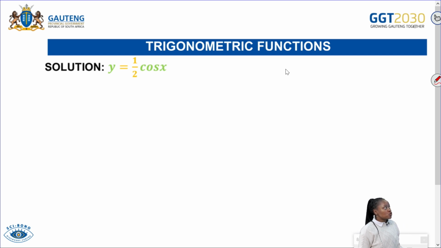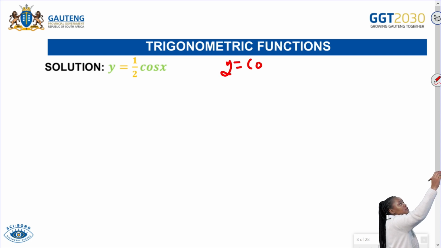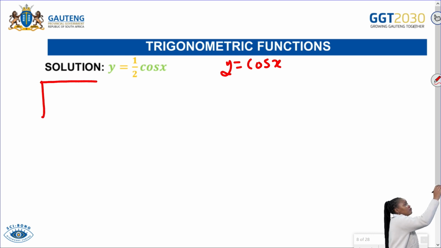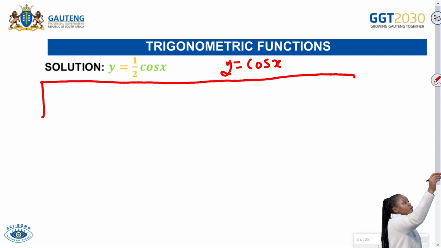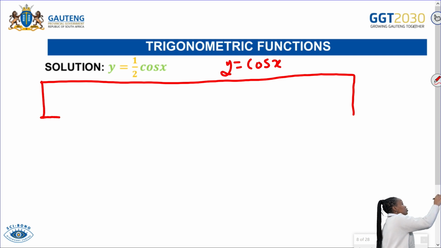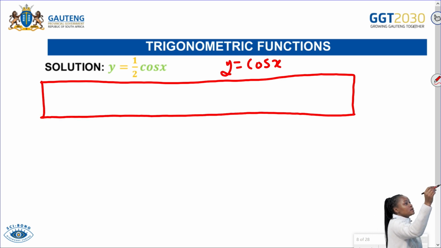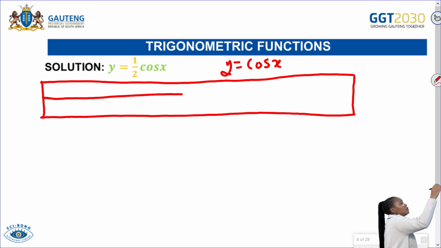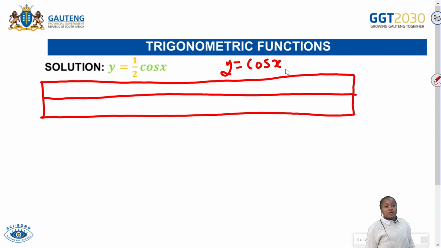Okay, let's look at the next one. y is equal to 1 over 2 cos x. So I want you to find the values of y for this mother graph. So the intervals are going to be the same as the ones of the graph of sine, because remember the period of sine is 360 degrees and the period of cos is also 360 degrees.